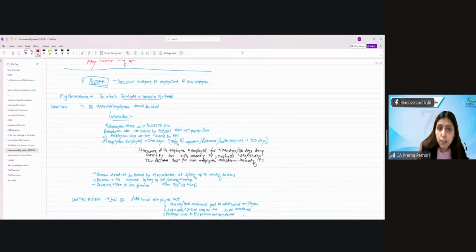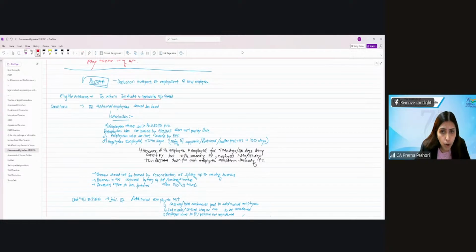Also excluded is an employee covered by EPS or EPF where the contribution is paid by the government, and employees who are not covered by the recognized provident fund.